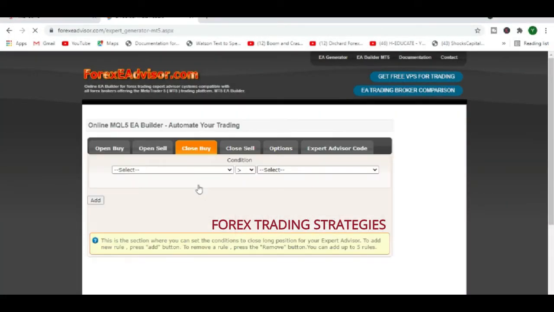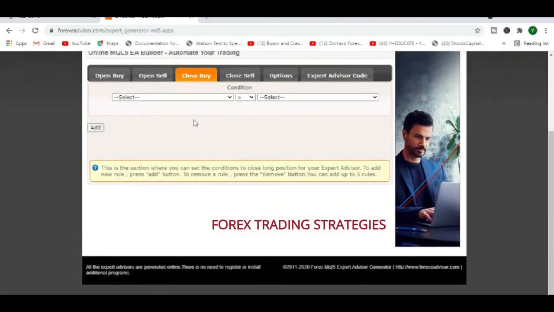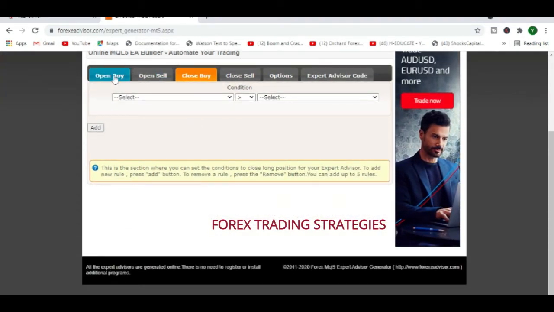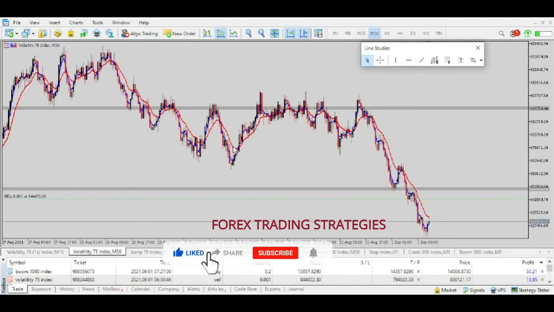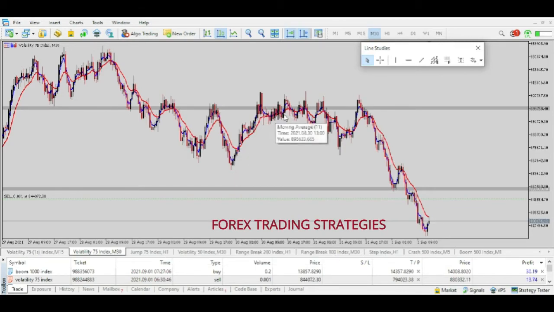Then these are the conditions for closing the buy. You can leave this empty if you don't want, but if you do place conditions here, then it's going to close this sell trade and open a buy, and it will close a buy and open a sell, and it goes on and on.